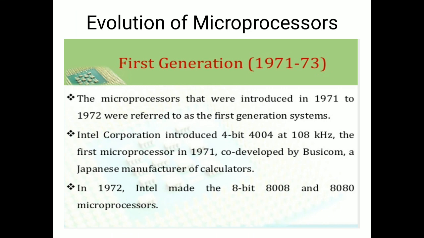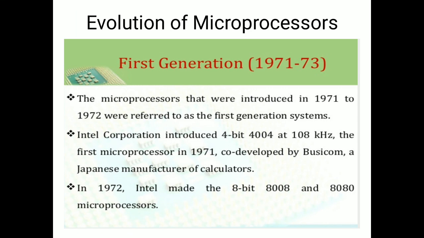So, moving ahead with the first generation, the microprocessors that were introduced from 1971 to 1973 were referred to as the first generation systems. First generation microprocessors processed their instructions serially.